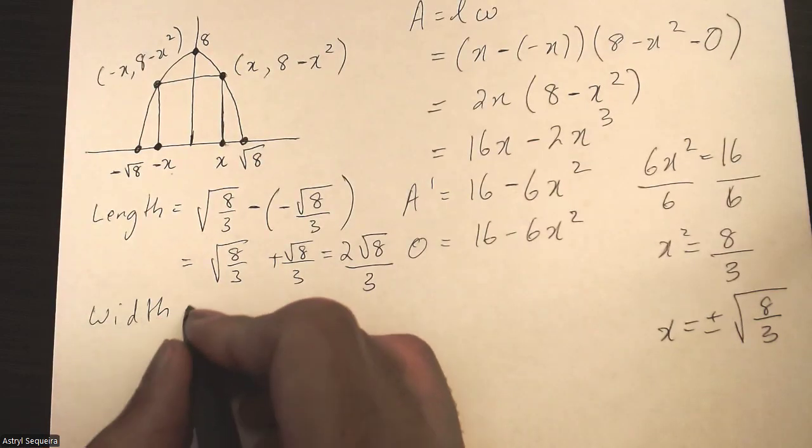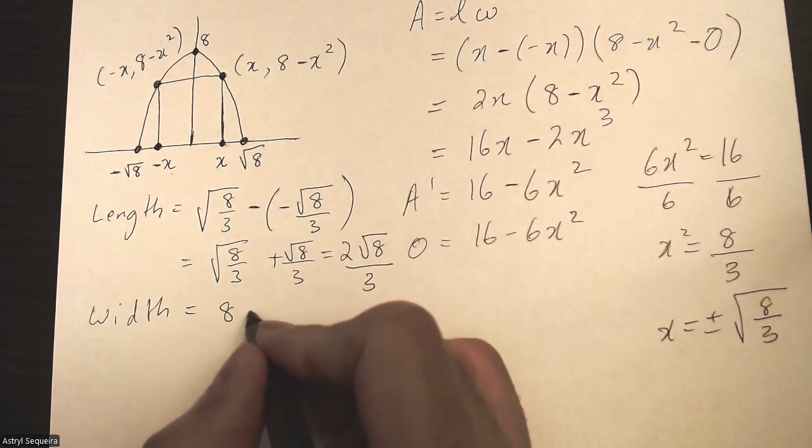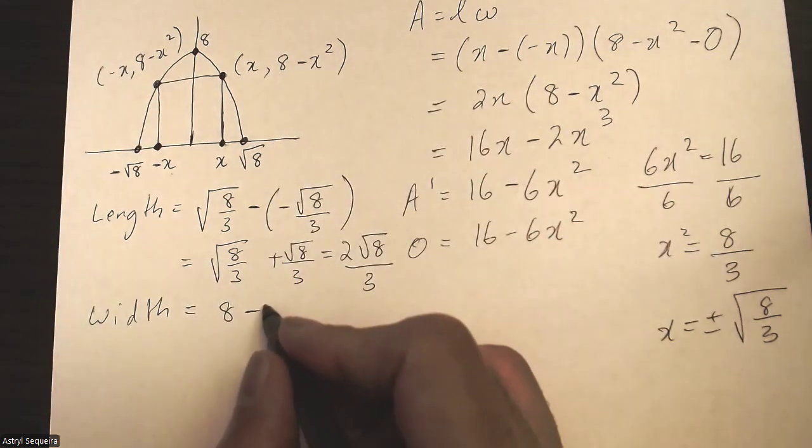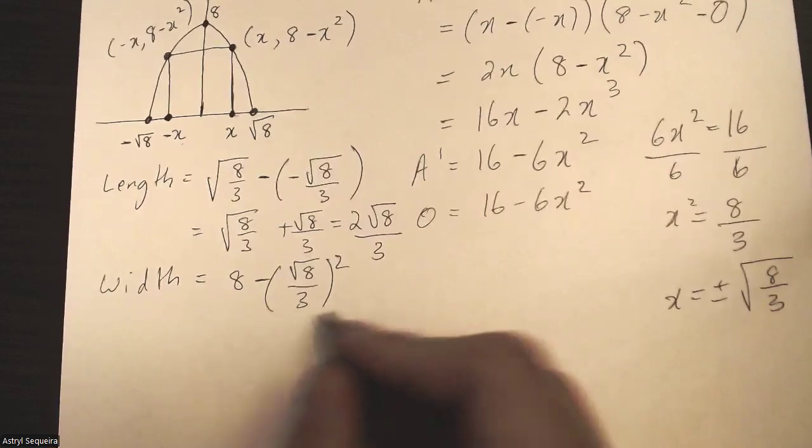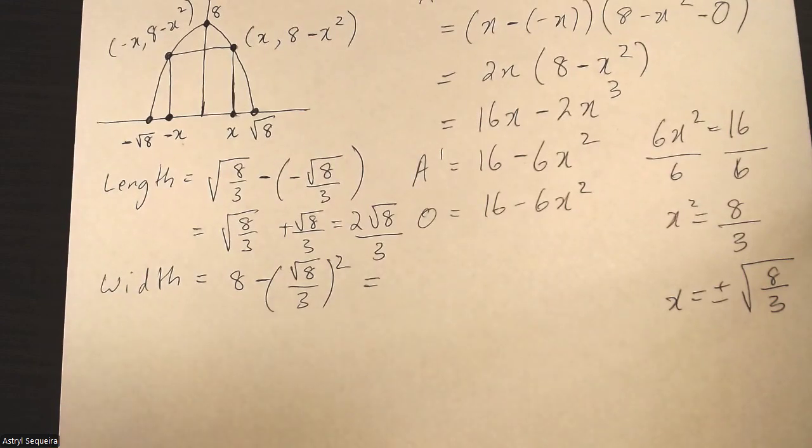The width, or basically the height, is just 8 minus root 8 over 3 squared. I'll just do that in my calculator, but even if you don't have a calculator, it should be pretty easy to do this without one.